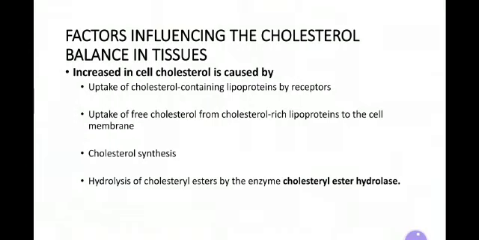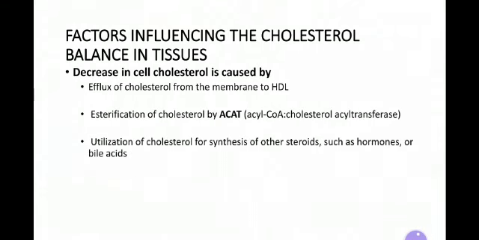So in this slide we will study what are the factors which affect the cholesterol balance at the cellular level. First, we will study what are the factors which increase the cell cholesterol. Increase in the cell cholesterol is by the uptake of lipoprotein particles which contain cholesterol.